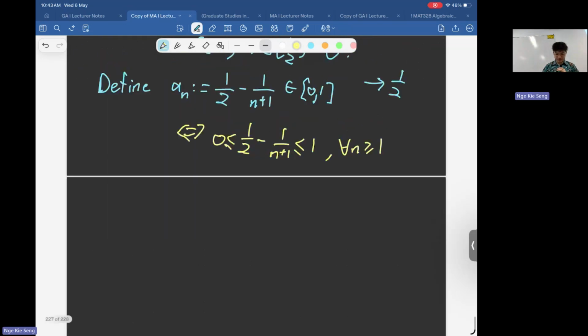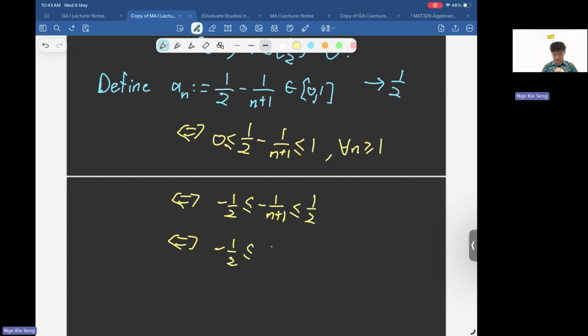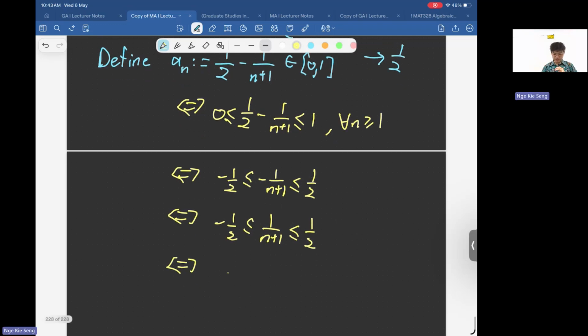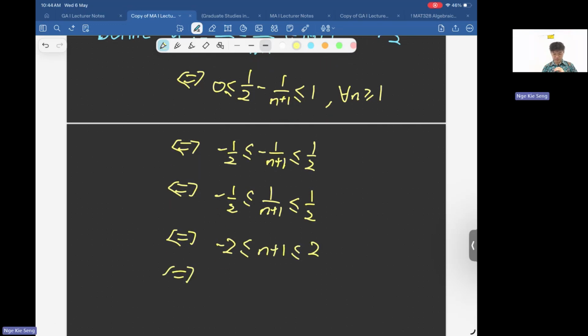Well, you should rewrite this as negative half less than or equal to negative 1 over n plus 1 less than or equal to half. And then you turn things around, basically it's the same thing. And then you invert, and then you check that n actually has to be in between -3 and 1. Wait, am I doing something stupid here?